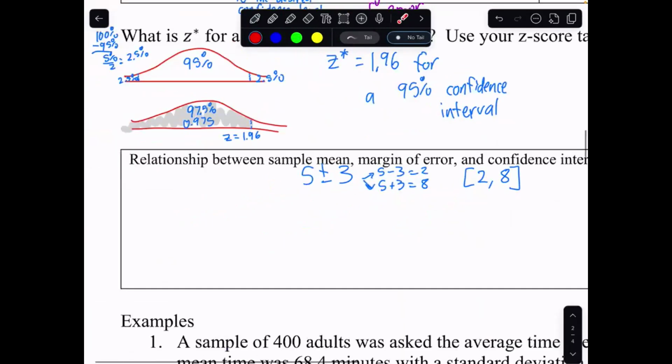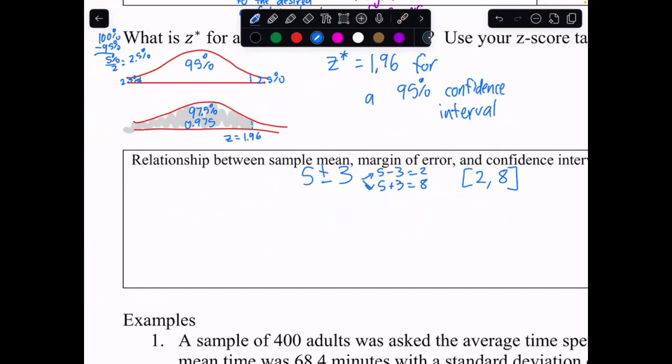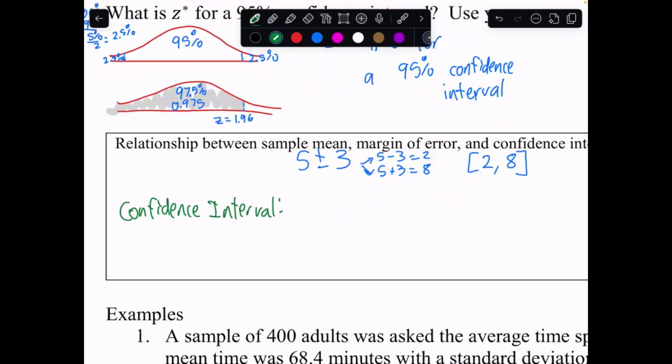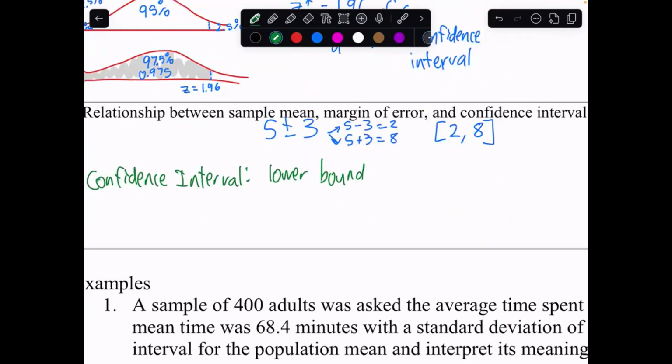Okay, so now to do it in more general terms, to construct a confidence interval, what you call the lower bound, so that's the lowest possible number that is reasonable, you take the sample mean minus the margin of error.